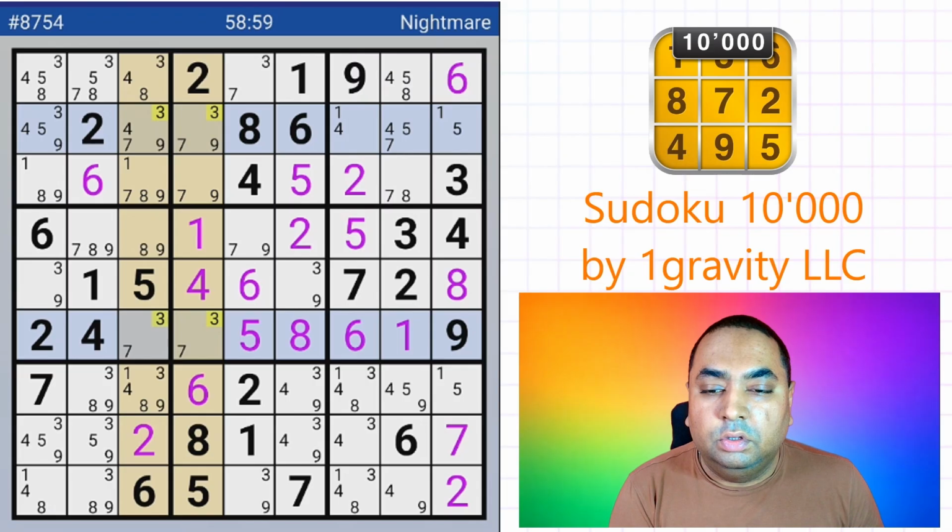So in the rest, for rows 2 and 6, that is also a finned X-wing. So in the first block corresponding to the fin, only one 3 is there, that is removed. Now we will go for the next step.